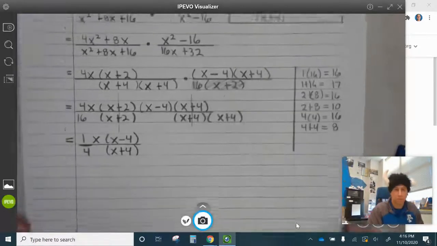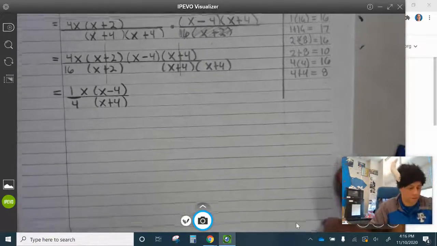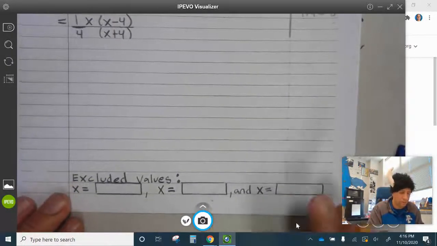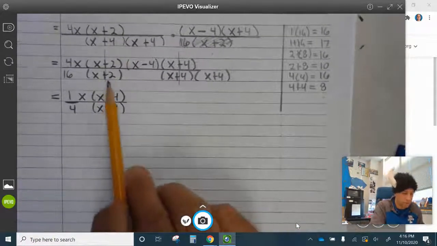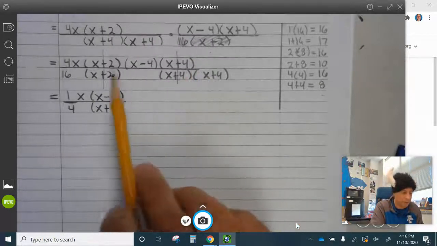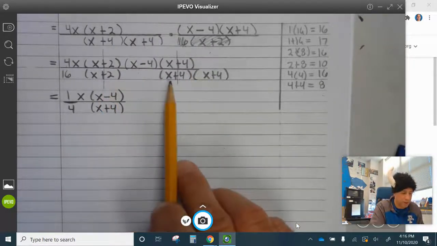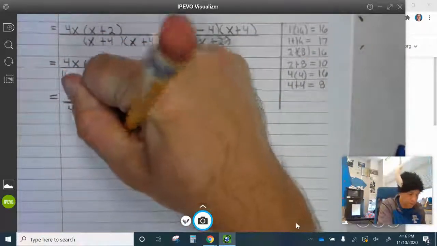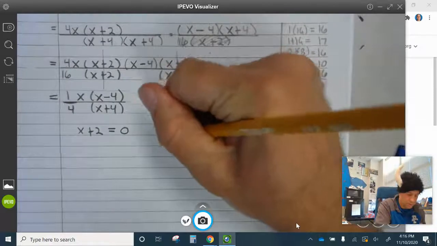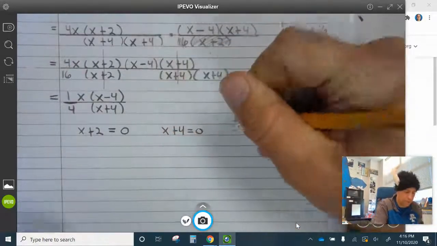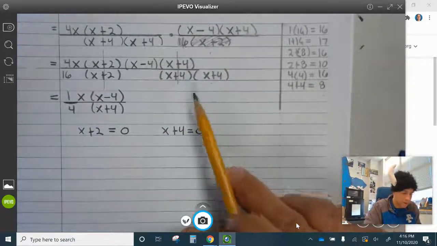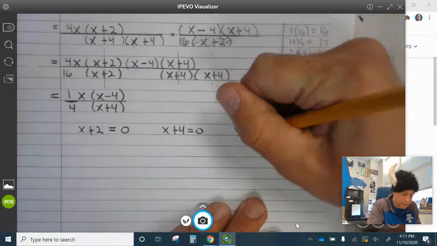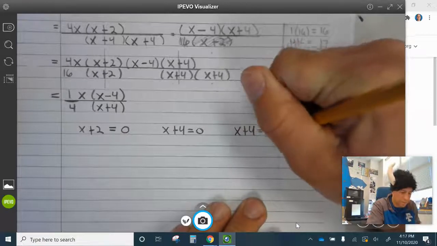Now we need to go to the excluded values. Now we know there's 3 of them. And it just so happens, look, there's 1, 2, 3 things in the denominator. So we have to go back and include what was divided and became 1. So we need to set x plus 2 equal to 0, x plus 4 equal to 0, and, see, now there's 2 x plus 4s, so let's just go ahead and set x plus 4 equal to 0 again.